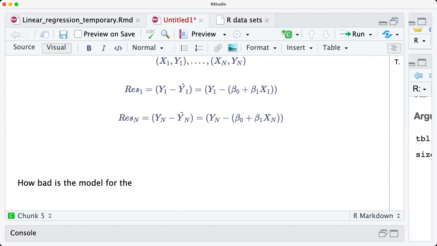For ordinary least squares, it is computed by the sum of the squares of the residuals.